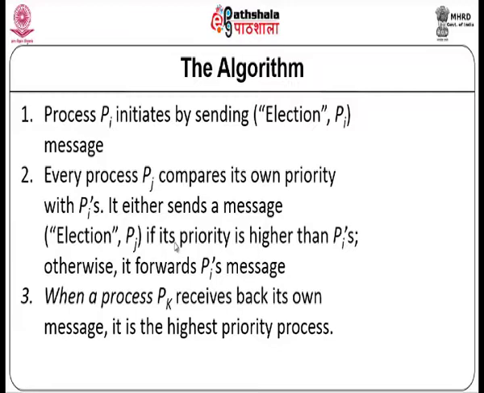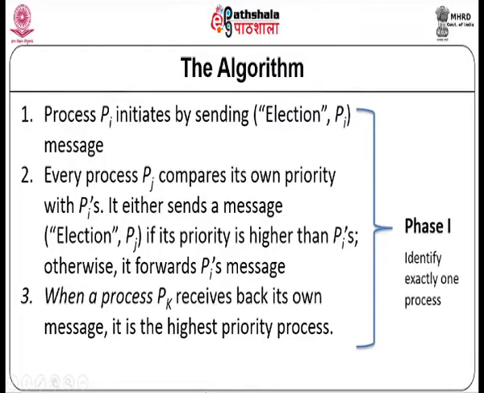In our algorithm, in the first 3 steps somebody initiates the election by sending election comma Pi. Every Pj receiving the election message either forwards the message or changes the value from Pi to Pj and forwards the message to the next node, and the highest process receives back its own message saying election comma Pk.